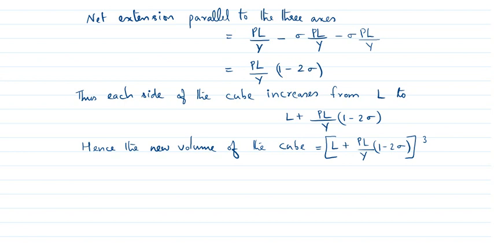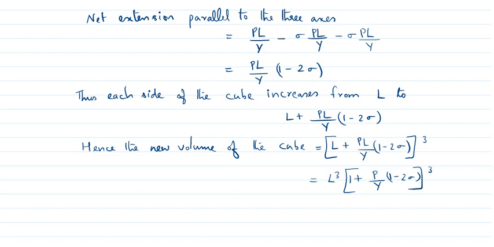For solving this, we can write it as L cube times, L is common here, so I am taking it outside, L cube, 1 plus P divided by Y, 1 minus 2 sigma, and this one will be all cubed.